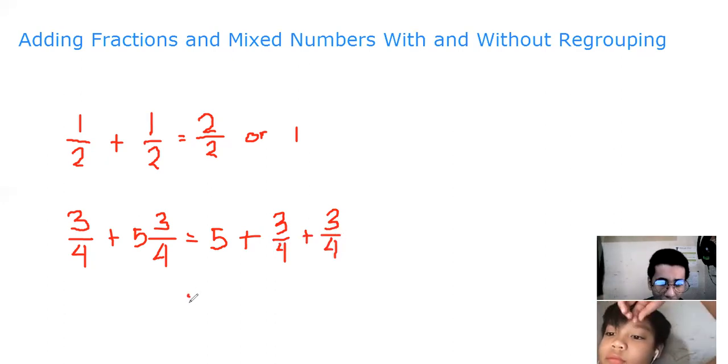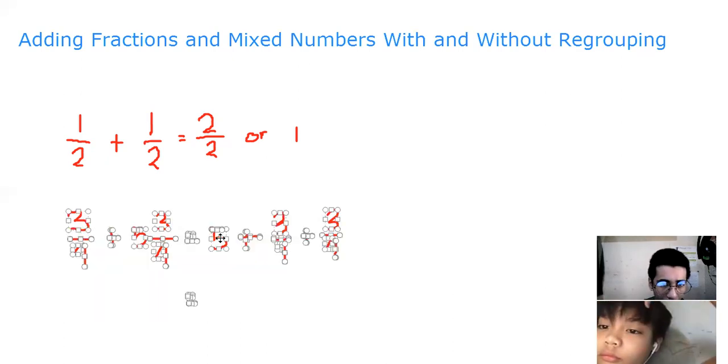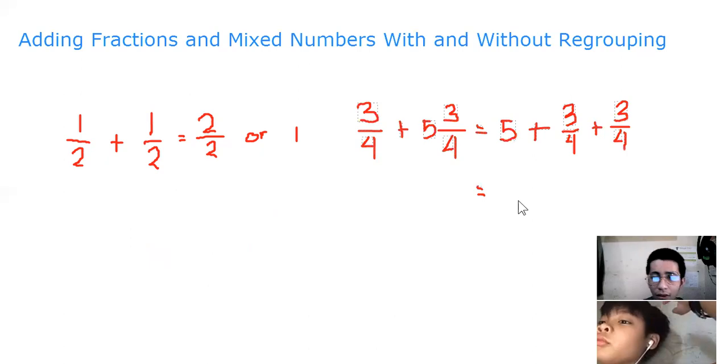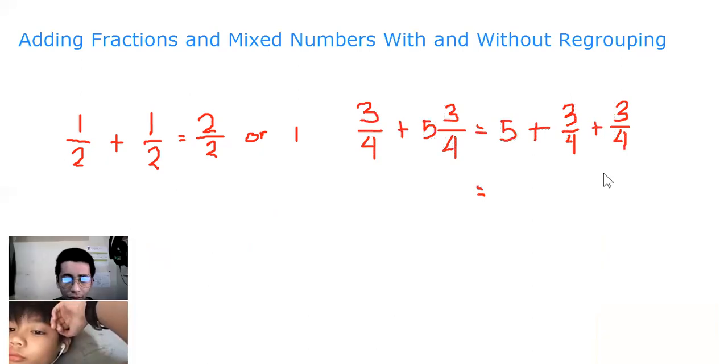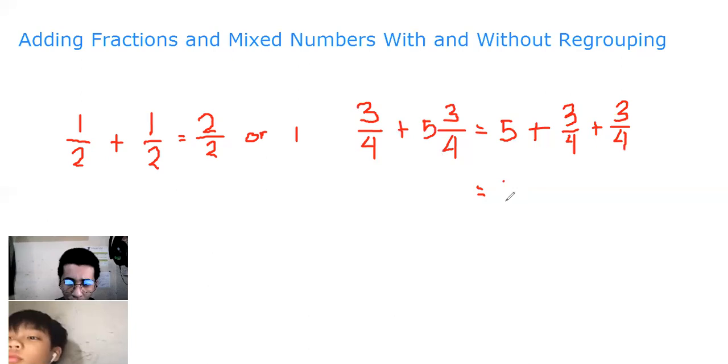Then, i-equal natin siya. So, itong 5, bring down na natin si 5 or copy natin si 5. Ang ipagpa-plus natin yung dalawang fraction. We have 3 over 4 plus 3 over 4.